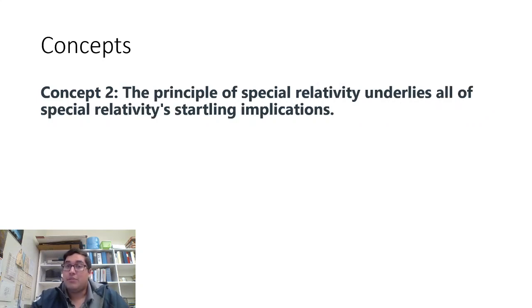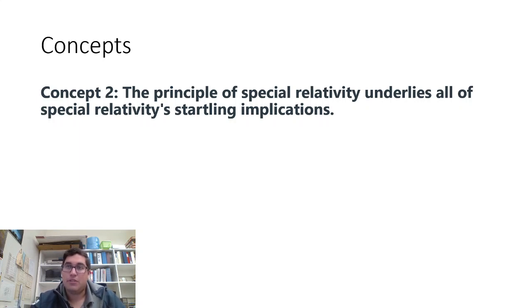So then for concept 2, the principle of special relativity underlies all of special relativity's starting implications. Okay, so what this confusing statement is trying to say is that special relativity's core concept was that whatever reference frame or whatever motion that you're trying to describe, the physics of that motion doesn't break.